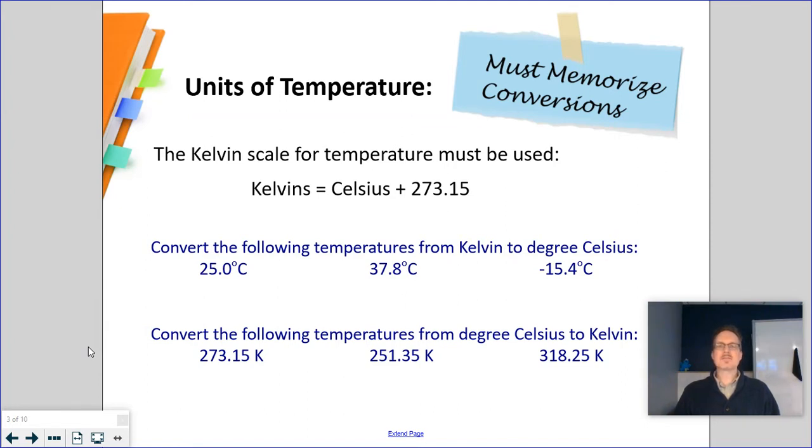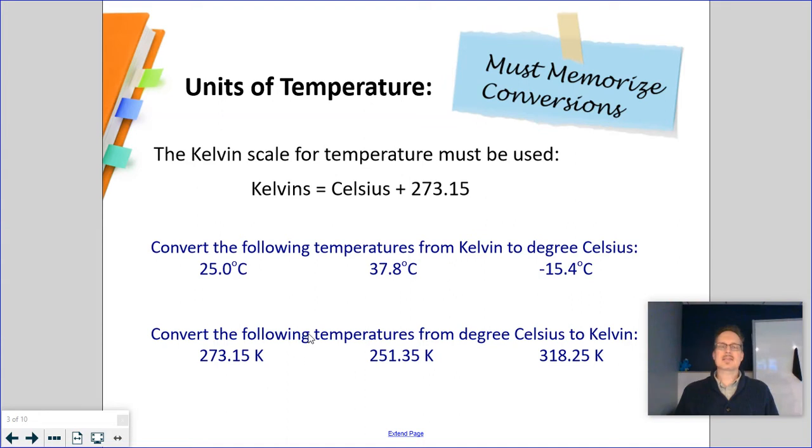To convert from Celsius to Kelvin, you add 273.15 to your degrees Celsius value. Like in atmospheres and millimeters of mercury and kilopascals, when we had to memorize that conversion, in temperature you also have to memorize that to change from degrees Celsius to Kelvins, you add 273.15.